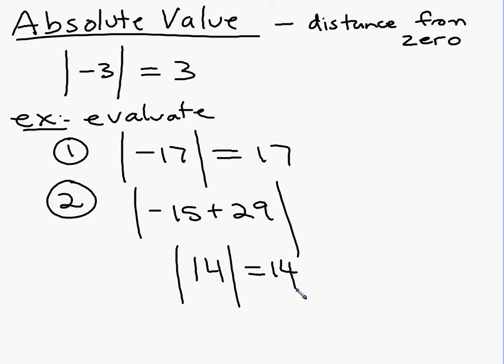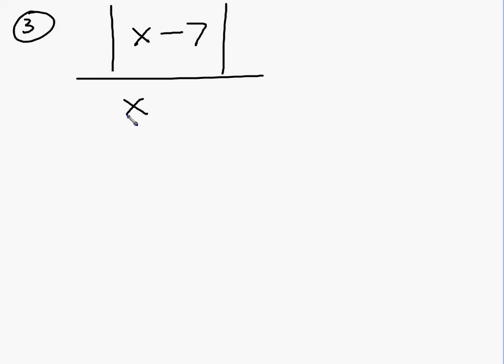Now, then they might give you a little more thought-provoking question, something like this. I know there's at least one of these in your assignment. They'll give you an expression like that, and then they'll say, okay, for x less than 5, something like that.